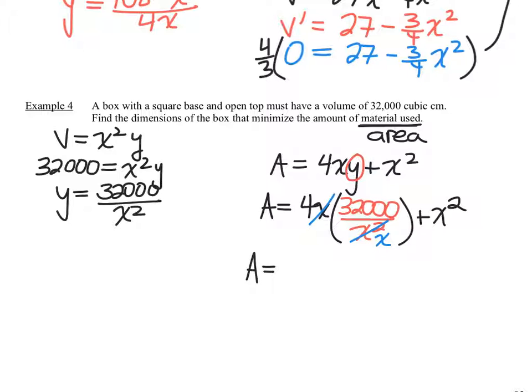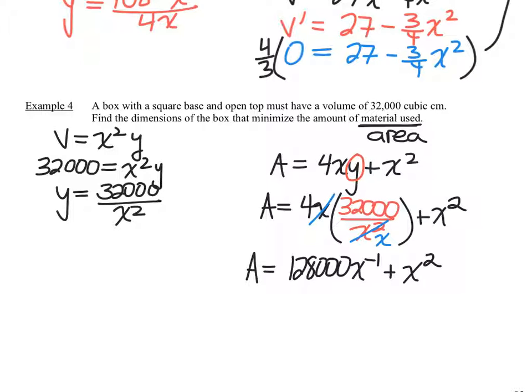So A would be equal to 128,000 x to the negative first, plus x squared. I'm just taking the x that was on the bottom, swinging it to the top, making it a negative exponent, just so I could take advantage of my power rule.